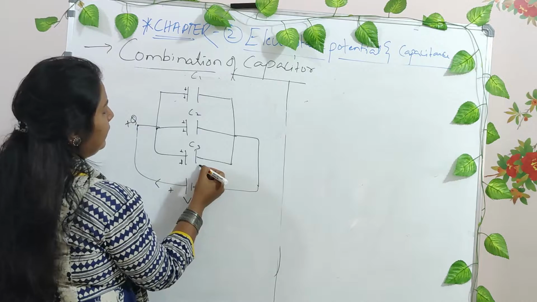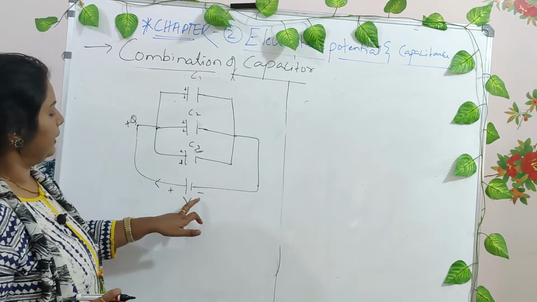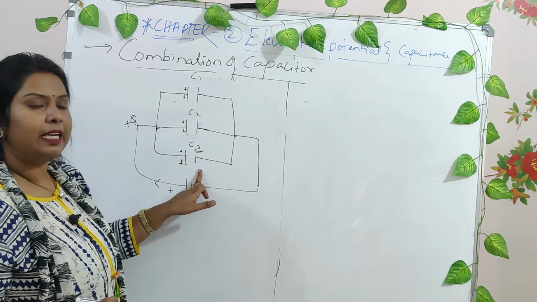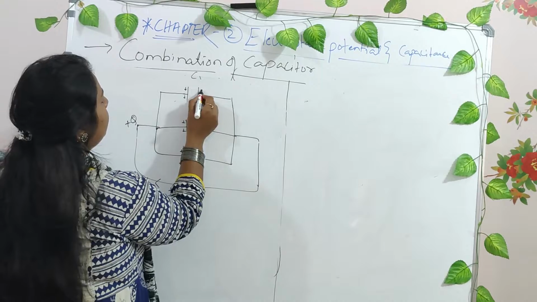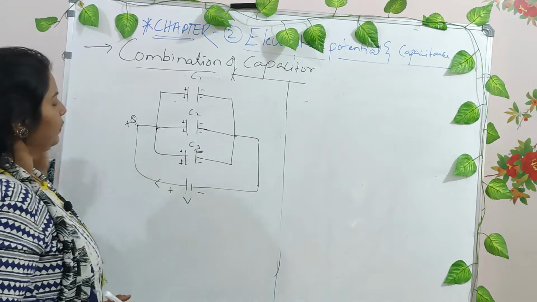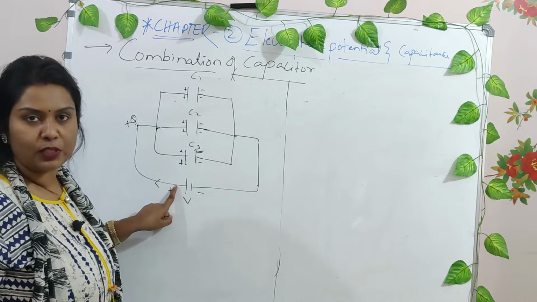And the right hand side plates are directly connected to the negative terminal, and hence all the right hand side plates will be getting negative charges, right? All the left hand side plates of the capacitors are charged positive. Why?